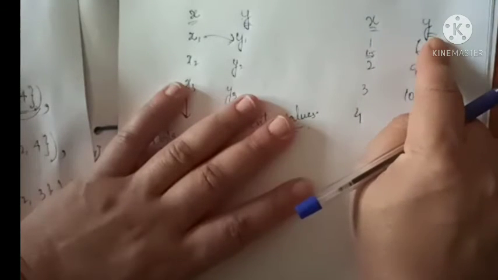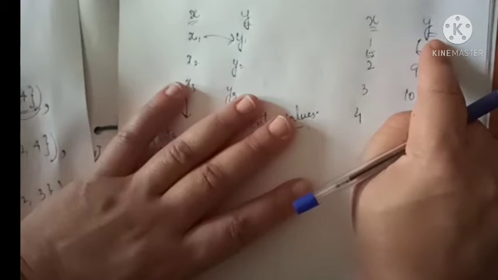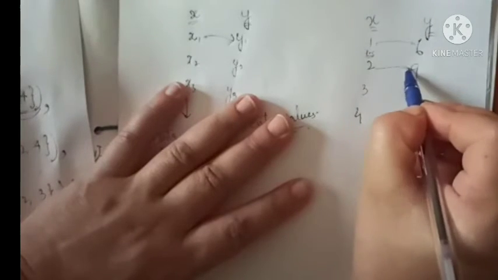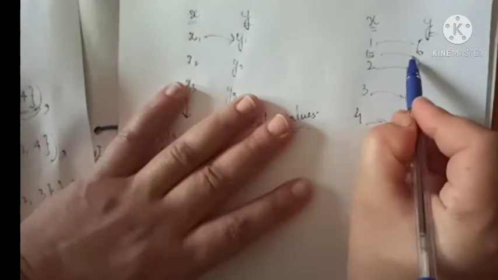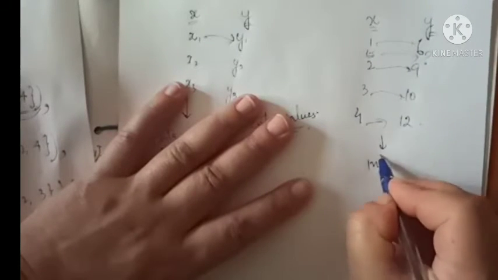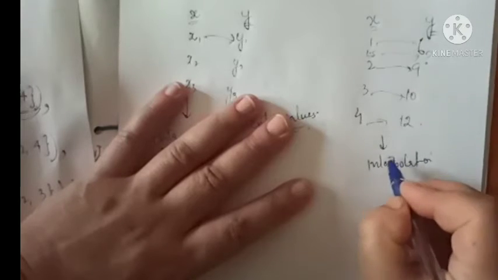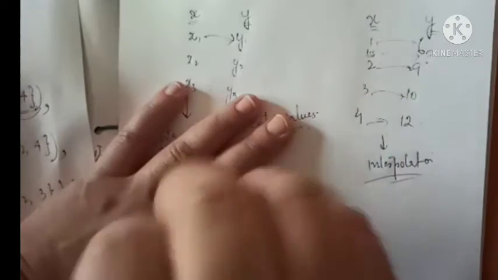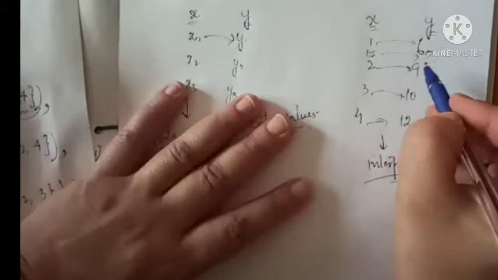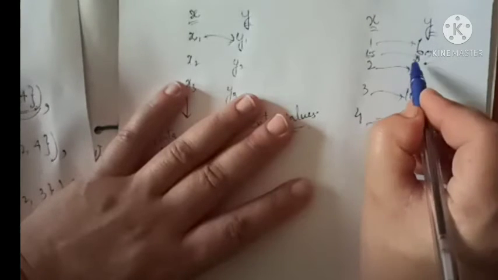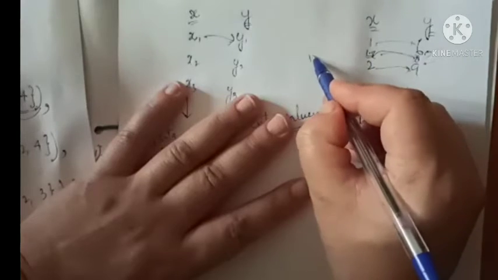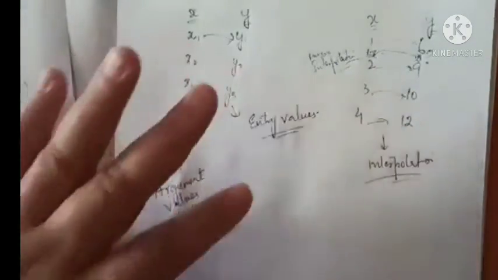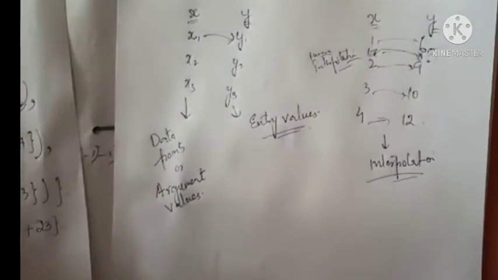That means I want to estimate the value of the dependent variable y when x is equal to 1.5. Finding that value is called interpolation. And in reverse, for example, if I know the value 6, and if here it is 8 and I want to know the value of x, we call it inverse interpolation.